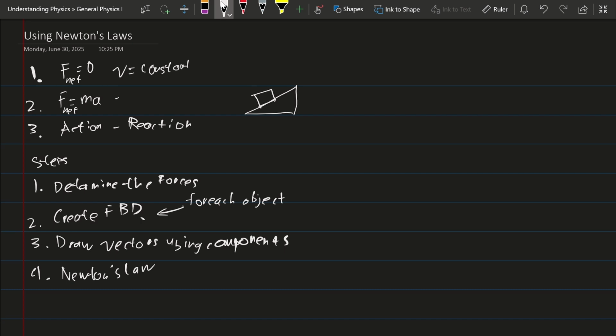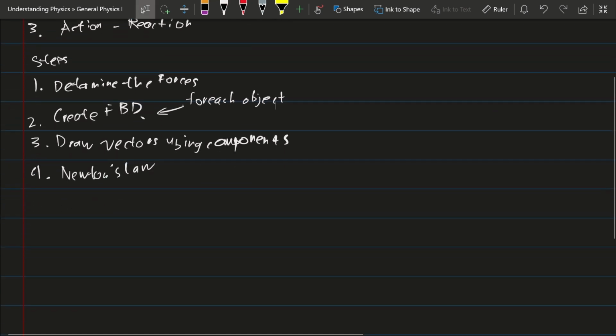Another thing is that I will also describe one of the most essential laws for figuring out movement, which is circular motion.